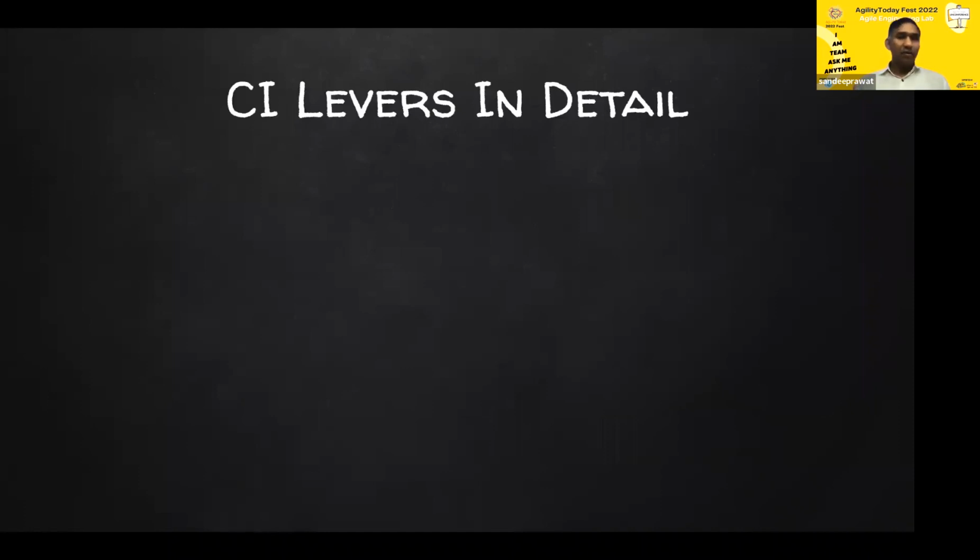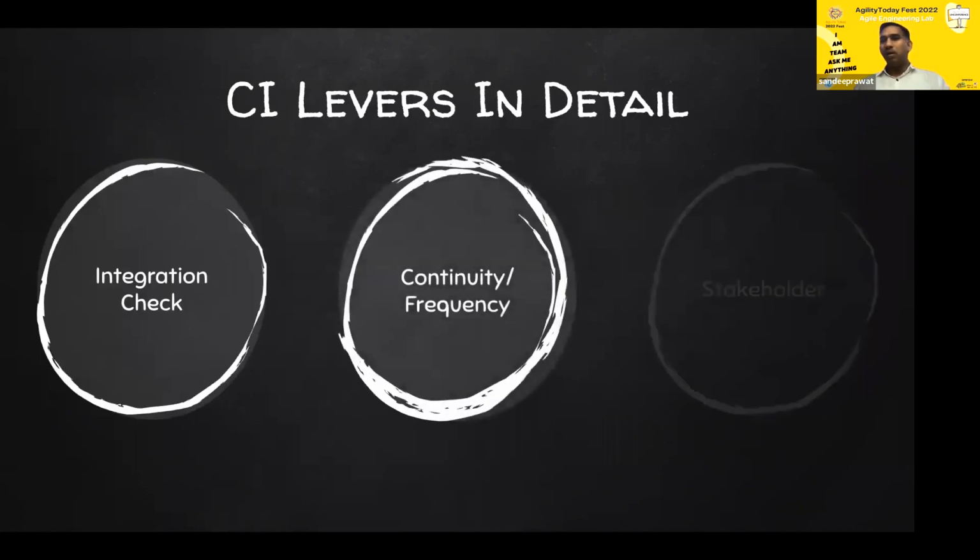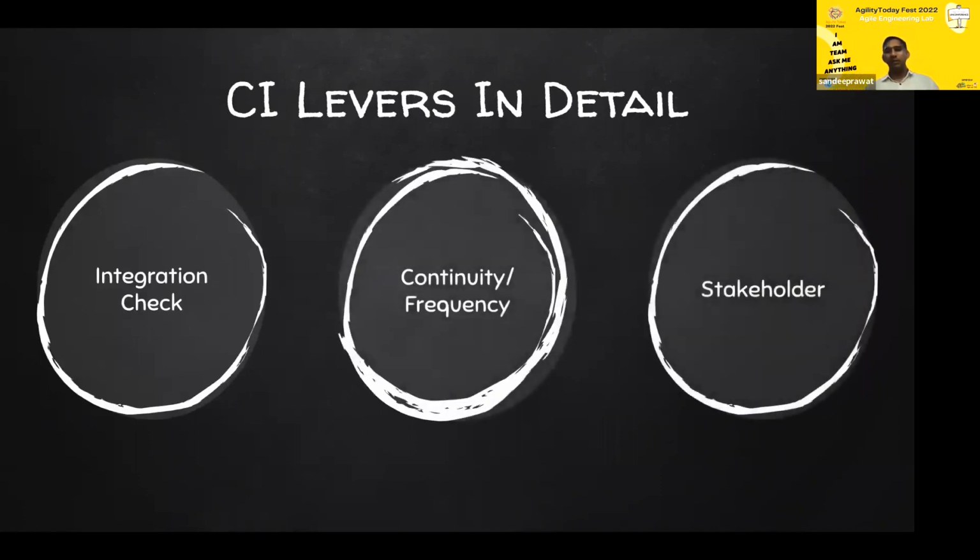Now Charu, we will come to your question, where you asked what should be done. So now let's go into the detail of all the CI levers that we have talked about. What we will be doing is an exercise with you guys. I have written these things down. The first one is integration check.